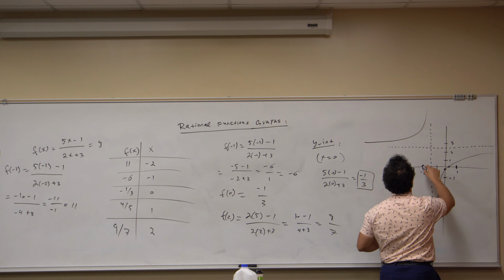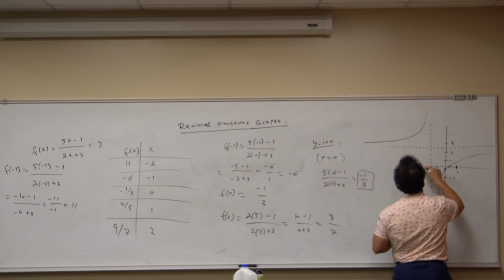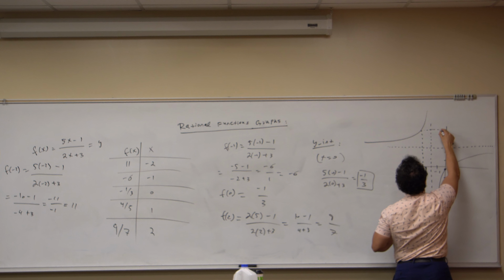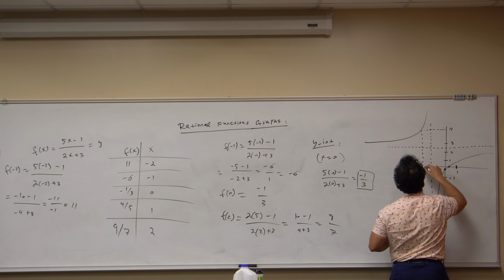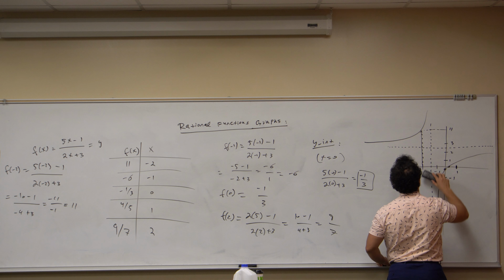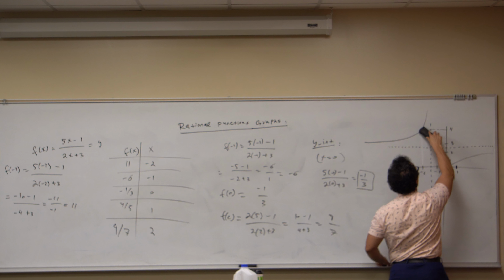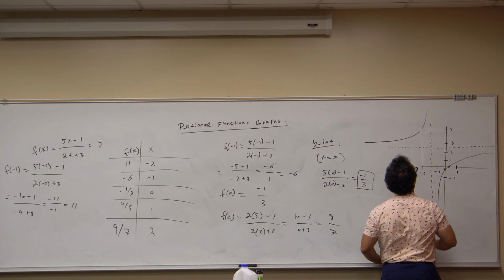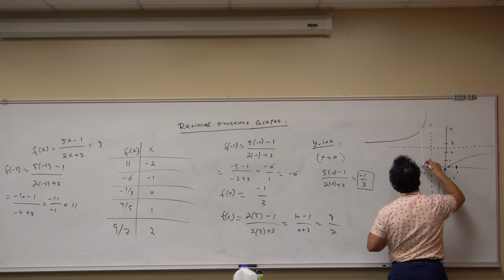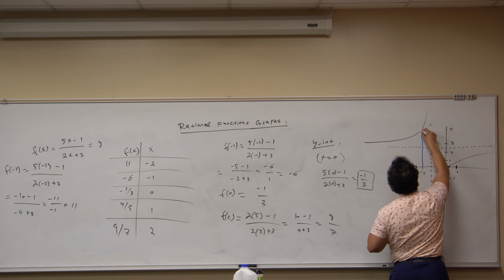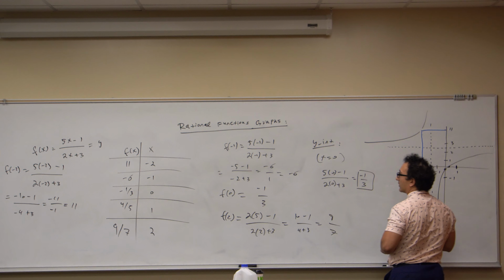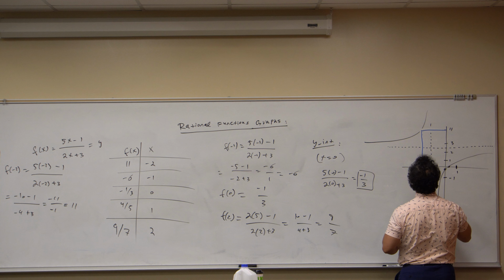So at negative 2, we go all the way up here. We said this is at 11. I'll maybe use a different color here to make it distinct. On here, negative 2 is 11. At negative 1, it's at negative 6.